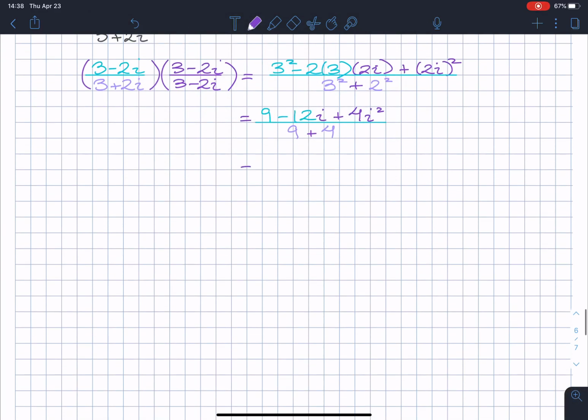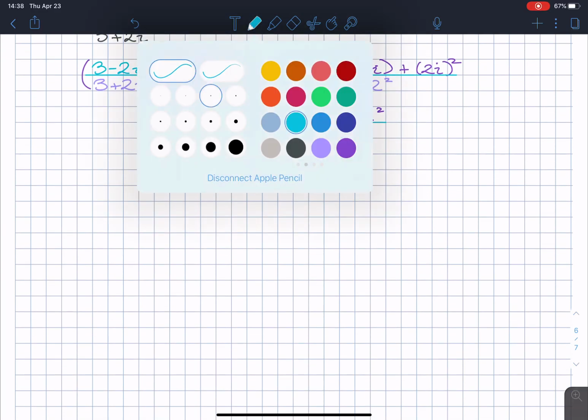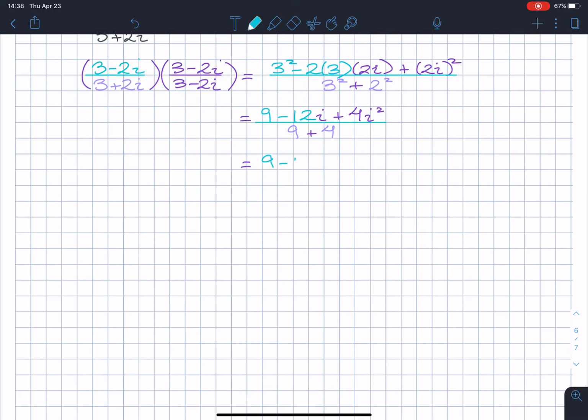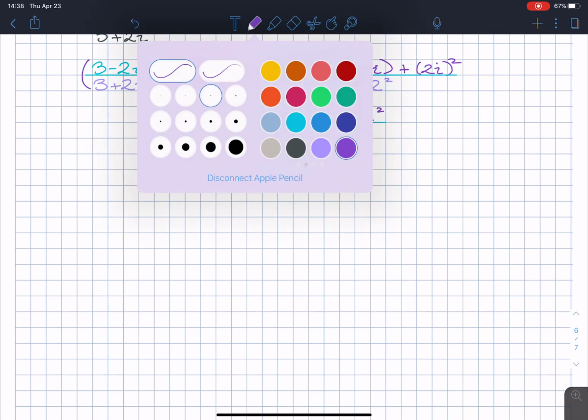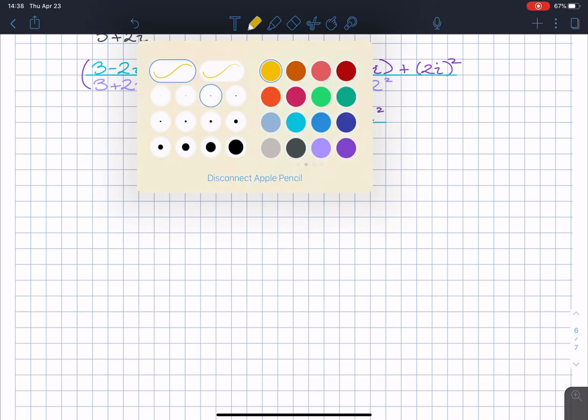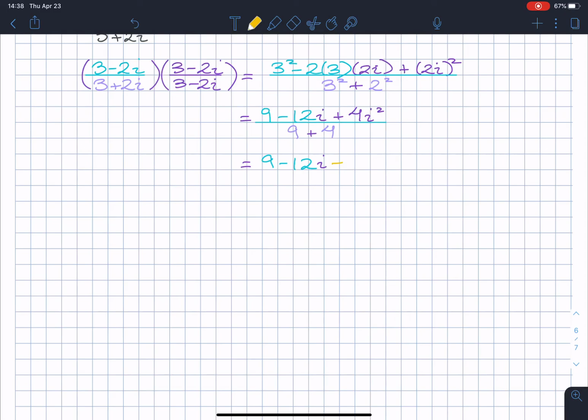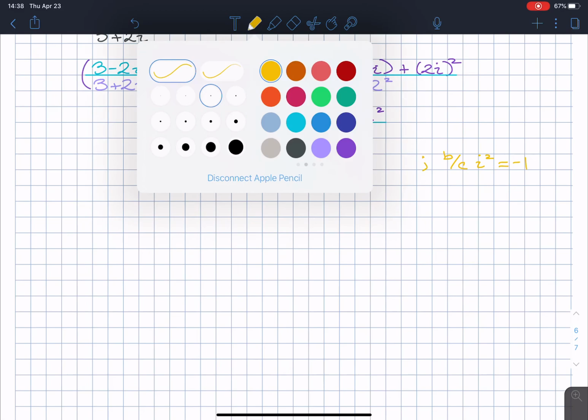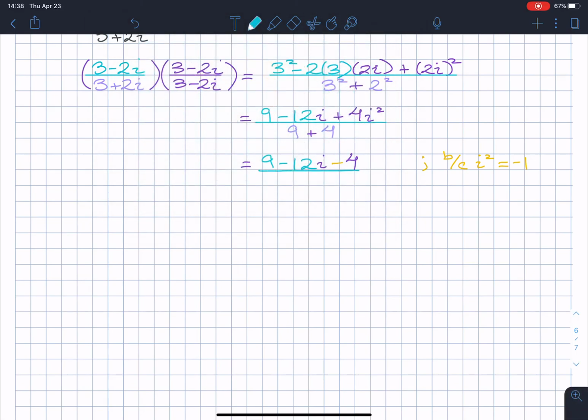So what this gives me then, in the numerator, I'm going to replace the i squared with a negative 1. So this becomes a negative 4, and this is because i squared is negative 1. All over 13.